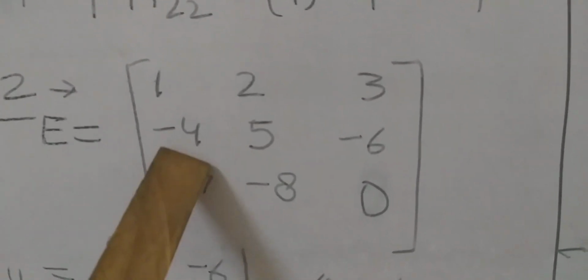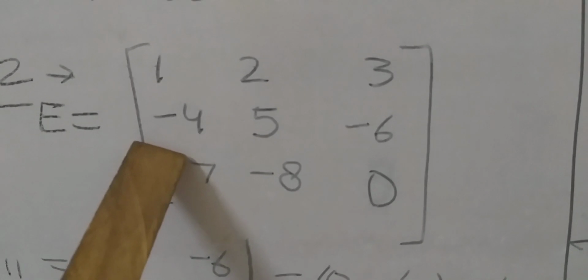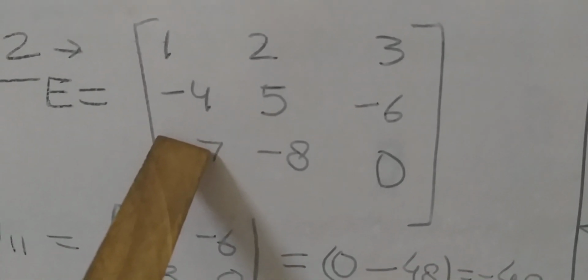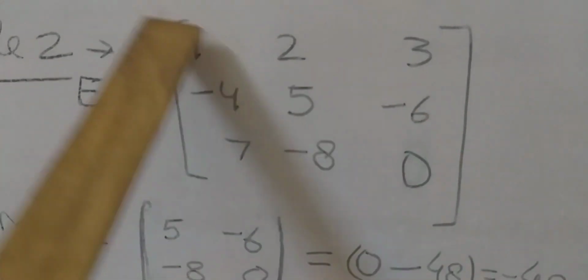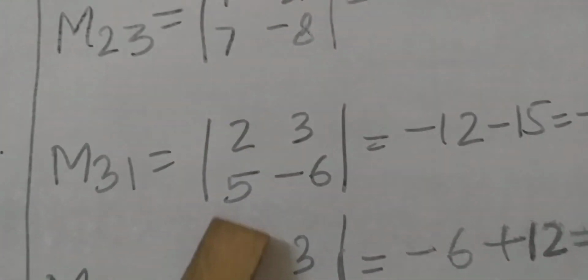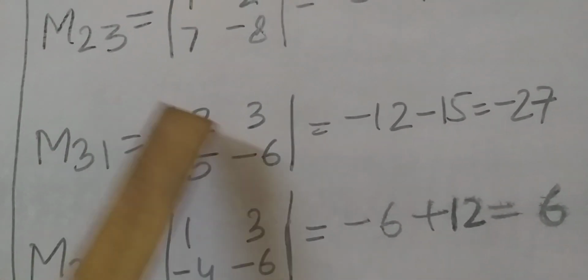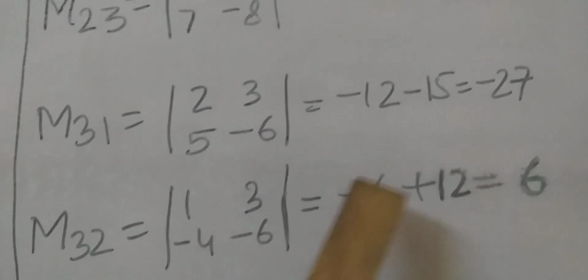M31 is the determinant, students, its minor. So delete this element's row and column. Its row and column are deleted. The left values are 2, 5, 3, minus 6. So M31: 2, 5, 3, minus 6, minus 12 minus 15, minus 27.